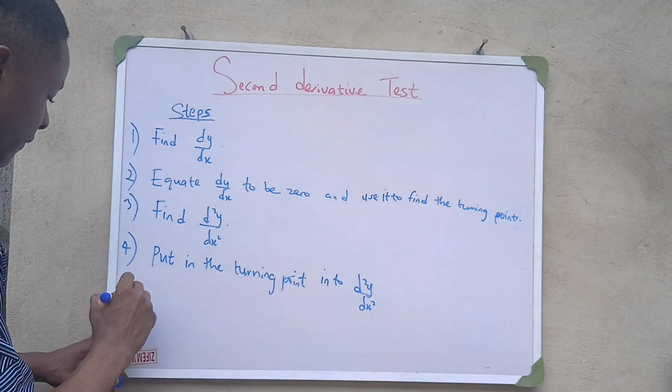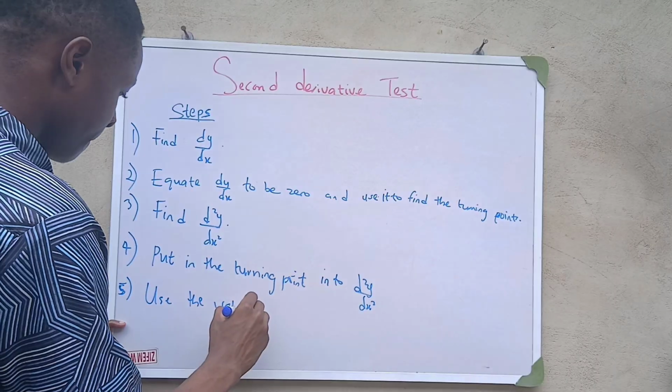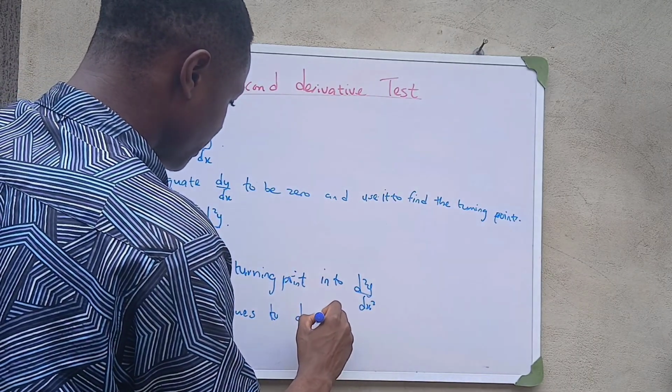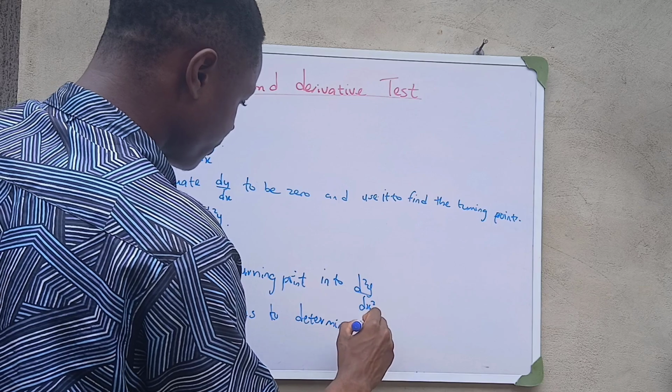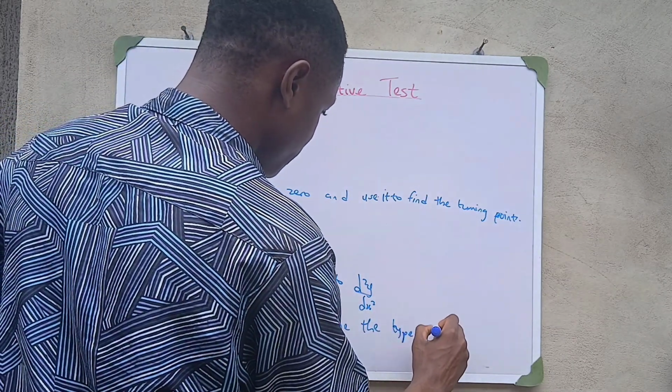Then number 5, use the values to determine the type of turning point.